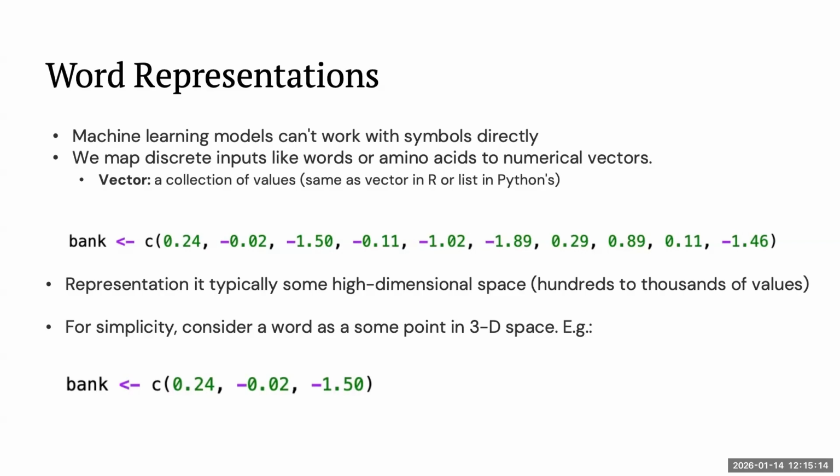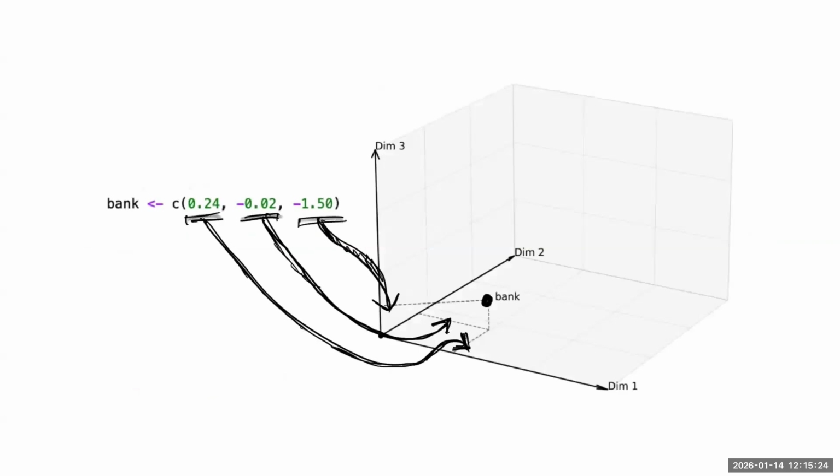But for the sake of the example on the next few slides, we're going to think about it as a vector of size 3. What this vector essentially represents is the word's position in 3D space. Each number here is a coordinate: the coordinate in dimension 1, dimension 2, and dimension 3. And bank is a point in this three-dimensional space.